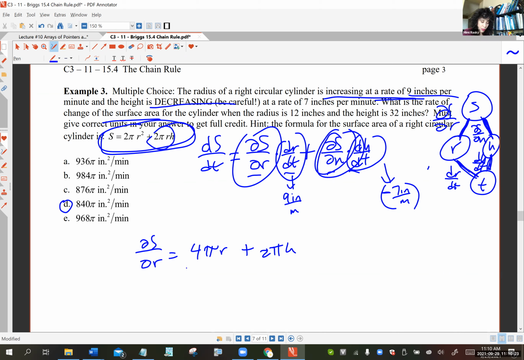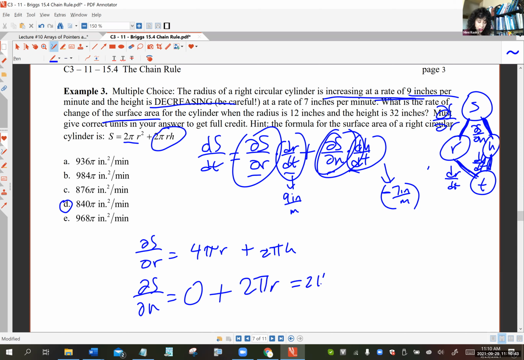And then the other partial, ds dh, so now you're going to differentiate with respect to h, hold r constant. The derivative of 2 pi r squared with respect to h is 0 because there's no factors of h in there. And the derivative of 2 pi rh with respect to h is 2 pi r. So this is just going to be 2 pi r.